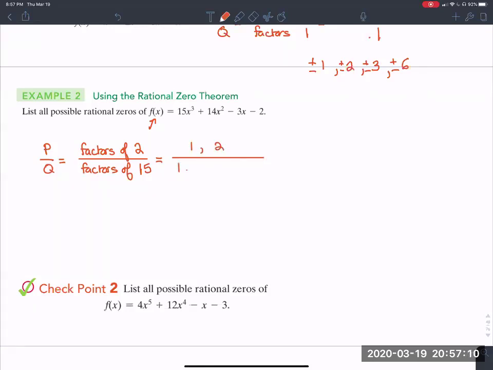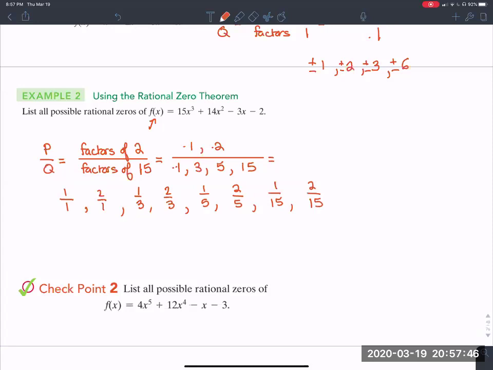Factors of 15 are 1, 3, 5, and 15. So now I'll make ratios. So 1 over 1, 2 over 1, 1 over 3, 2 over 3, 1 over 5, 2 over 5, 1 over 15, 2 over 15.